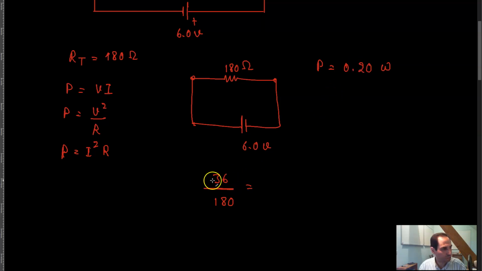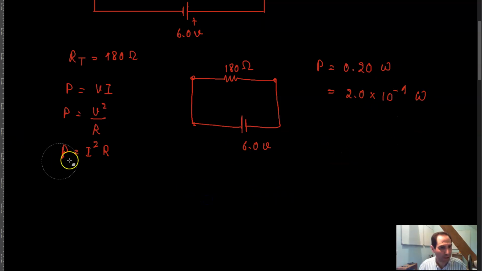If you simplify this, you'll get 1 over 5, which is the same thing as 0.20, with two significant figures, and you can also write that as 2.0 times 10 raised to the power negative 1 watts, if you care about the number of significant figures.